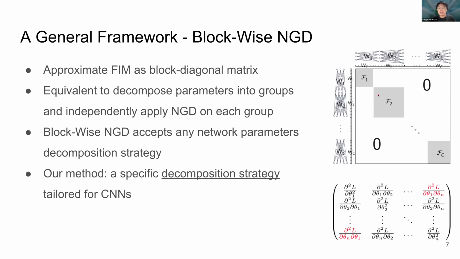The general framework, so-called blockwise NGD, accepts any network parameter decomposition strategy and applies this approximation on NGD. Our proposed method is defined as a special case of blockwise NGD with a new and specific network parameter decomposition strategy tailored for CNN, convolutional neural networks.